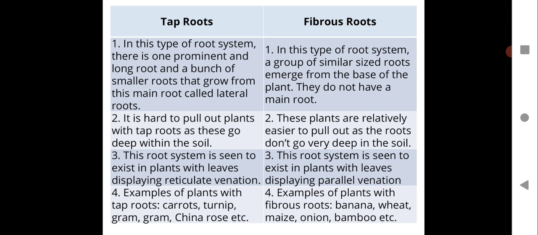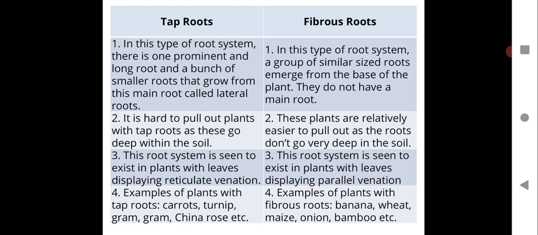So the taproot system is seen to exist in plants with leaves displaying reticulate venation. Whereas the fibrous root system is seen to exist in plants with leaves displaying parallel venation. So by just having a look at the leaves, you can make out whether the plant will have reticulate or parallel venation, and from reticulate venation you can make out the plant will have a taproot, and from parallel venation of the leaf, you can make out it is a fibrous root.